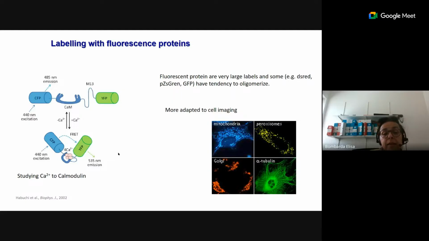GFP was welcomed with great enthusiasm because the labeling was relatively simple, and especially because it is based only on molecular biology methods, you can label inside the cell already, and it can also be used inside the cell.